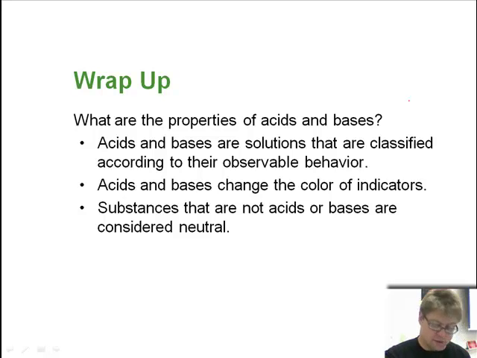In an acidic solution, litmus paper, let me see if I can get a more acidic solution for you to see. It's a pure acidic solution. So for litmus paper, if we take a piece of litmus paper, we'll add an acid to one side of it here.